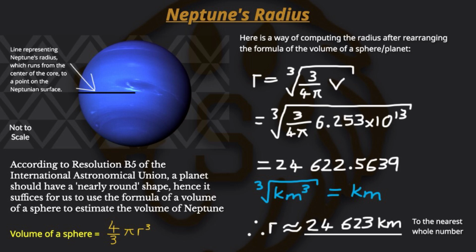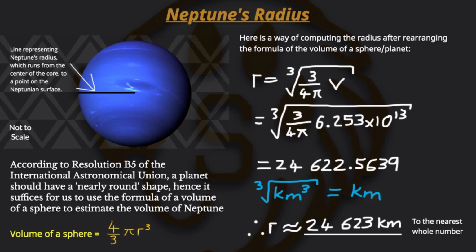So here is a way of computing the radius after rearranging the formula of the volume of a sphere, which you can see at the bottom left corner there. Then we get r is equal to the cube root of 3 over 4 pi multiplied by V, which is the volume of Neptune. Then we substitute the volume of Neptune, 6.253 times 10 to the power of 13.